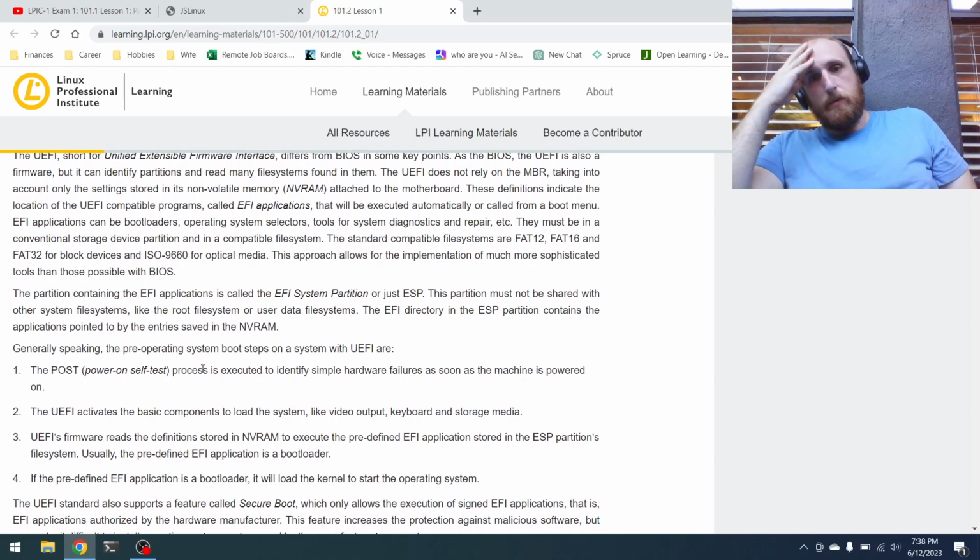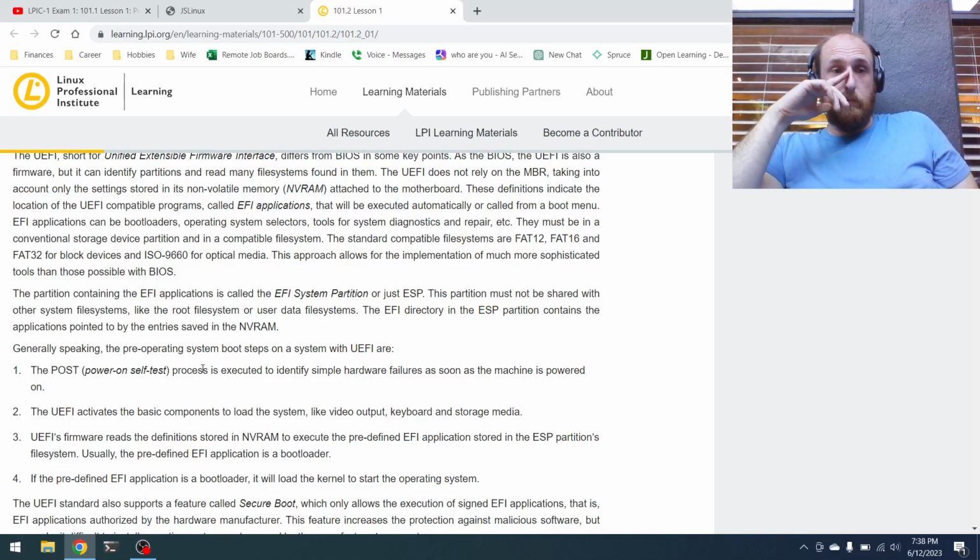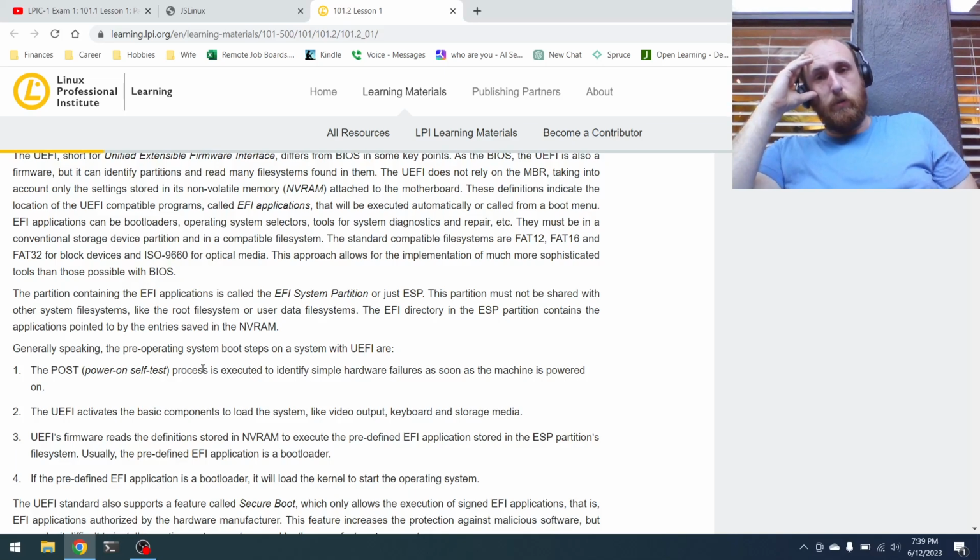The UEFI does not rely on the MBR, taking into account only the settings stored in its non-volatile memory, NVRAM, attached to the motherboard. These definitions indicate the location of the UEFI compatible programs, called EFI applications, that will be executed automatically or called from a boot memory.